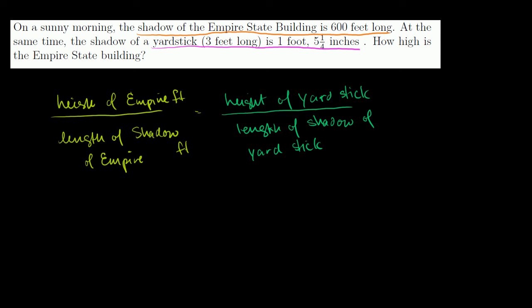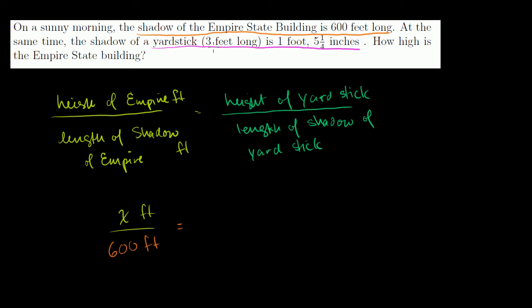So let's say the height of the Empire State Building is x. So we could say x feet over the length of the shadow. The shadow of the Empire State Building is 600 feet, over 600 feet is equal to the height of a yardstick standing up.